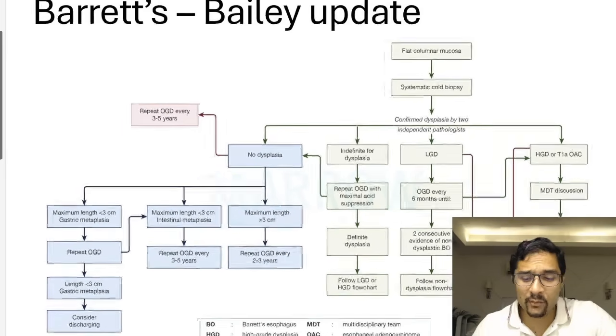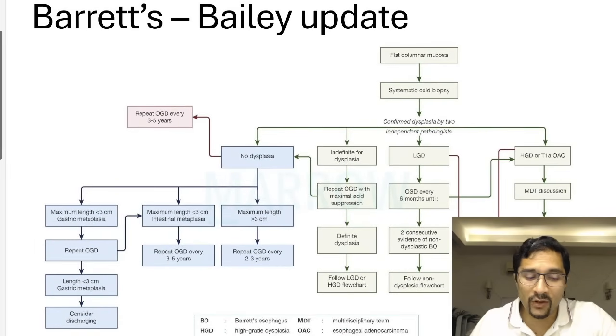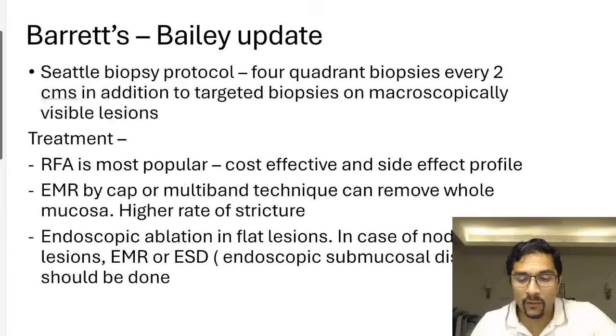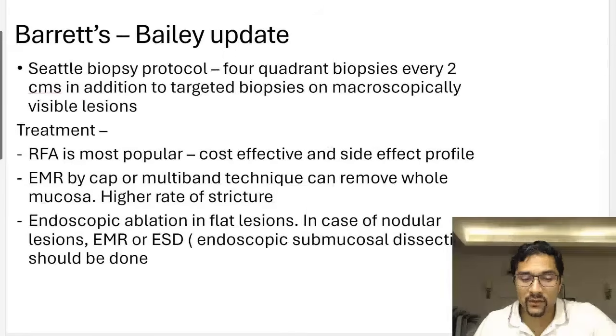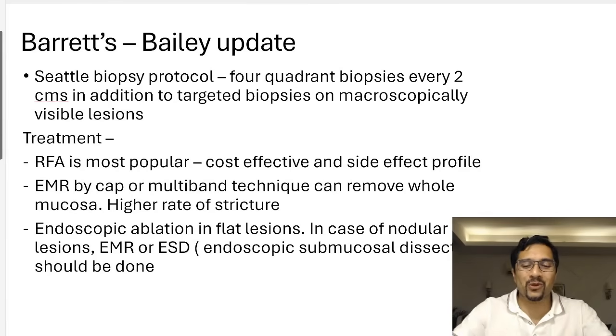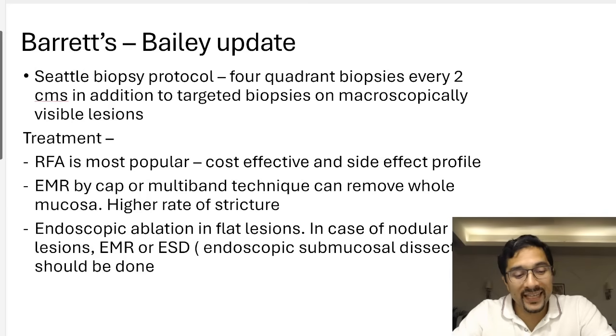This is the Seattle protocol which is used for management of Barrett's esophagus, and these are the updates which you need to know from the latest Bailey. The Seattle biopsy protocol is a 4-quadrant biopsy protocol every 2 centimeters, and we also take biopsies from suspicious areas.